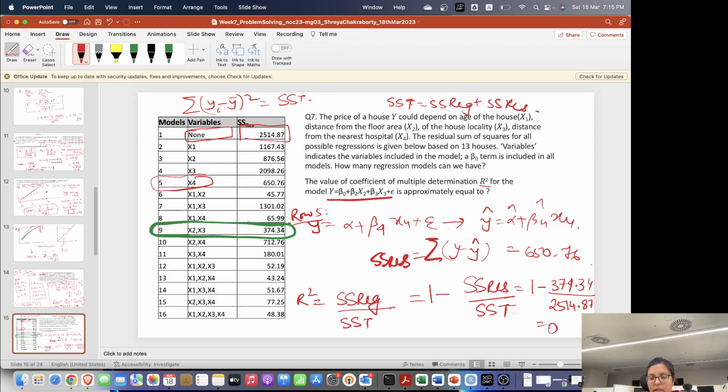This is something like 0.85. Okay, that is approximately 0.85, which is the coefficient of determination for this model. Is it clear?